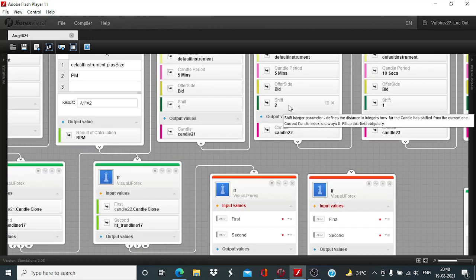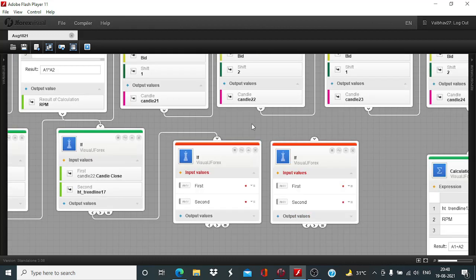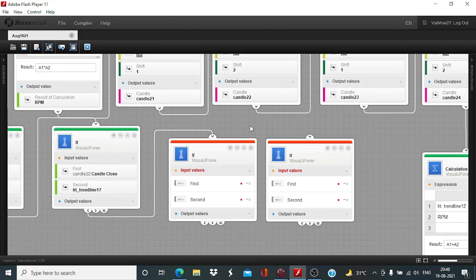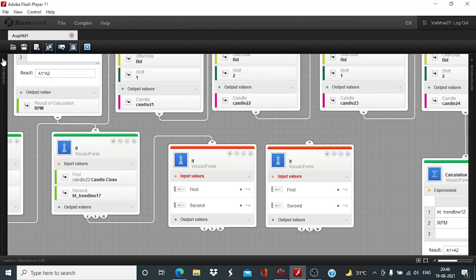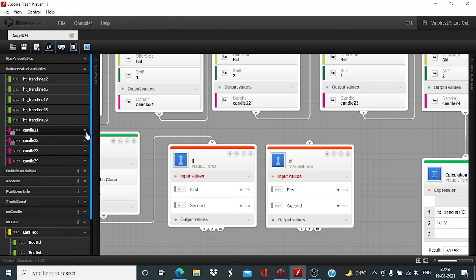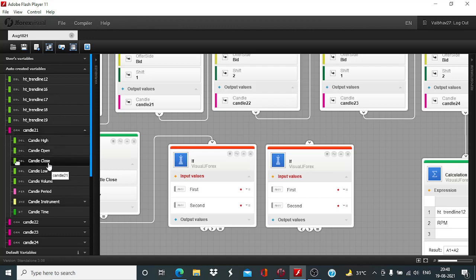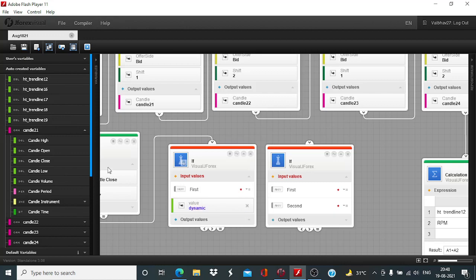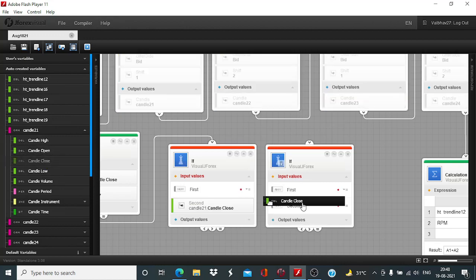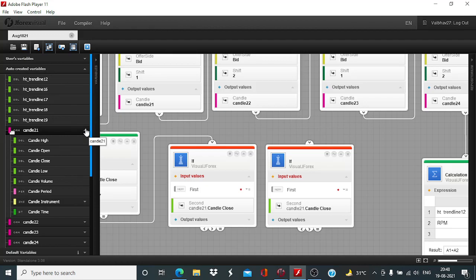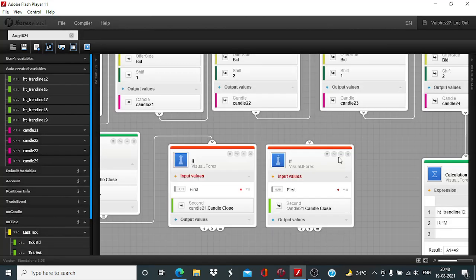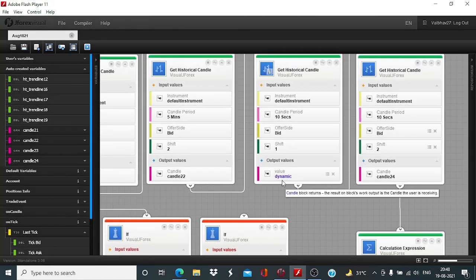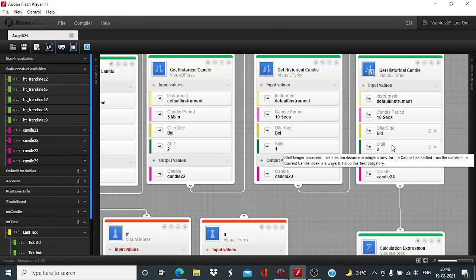Okay, this candle has a look back period of 2, that means this is the penultimate candle close. And then we take candle 21 candle close, and compare it to the closing values of candle 23rd and candle 24th, which also have the look back period of 1 and 2 respectively.